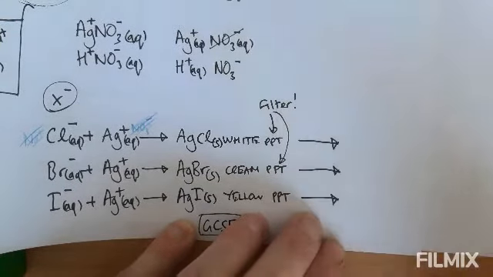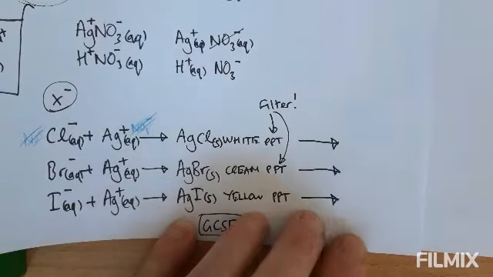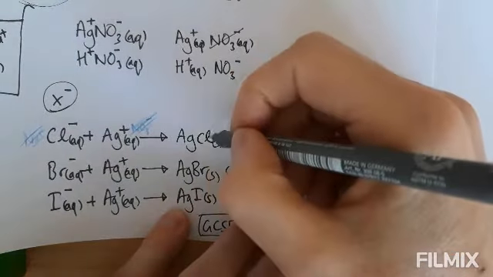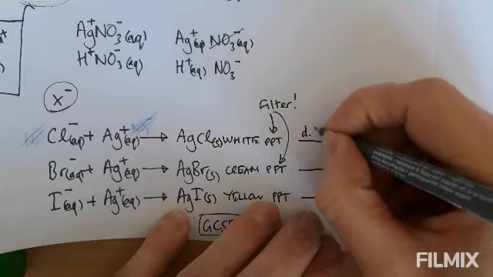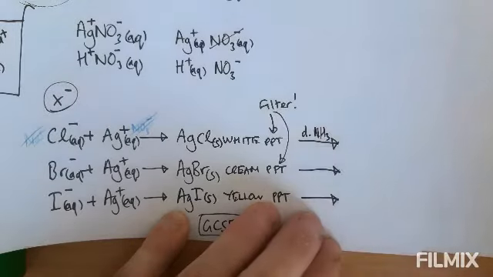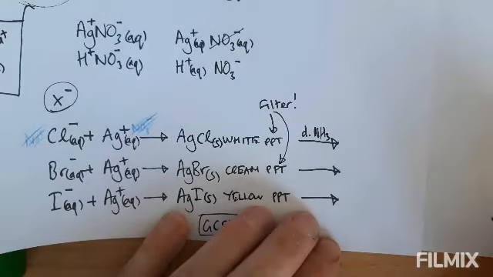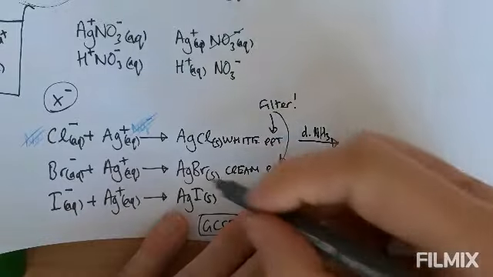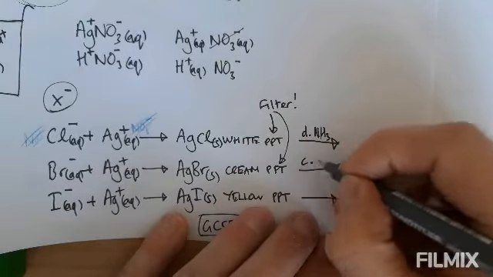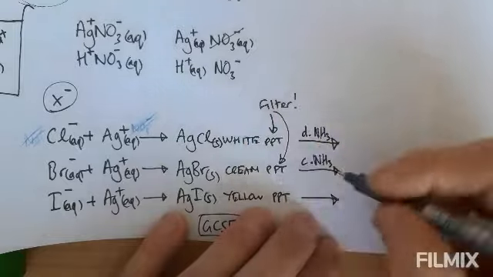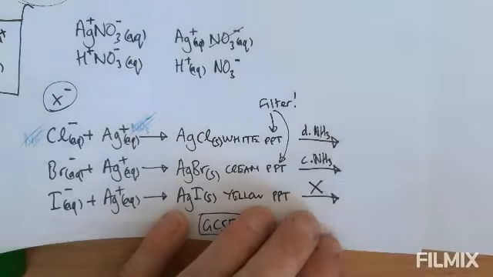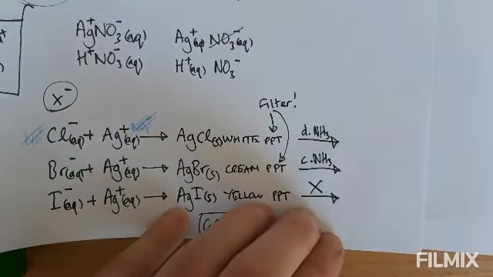All right? And what you will find is that silver chloride will dissolve in dilute ammonia. It will dissolve in dilute ammonia. But silver bromide will only dissolve in concentrated ammonia. And silver iodide will not dissolve in any ammonia at all.